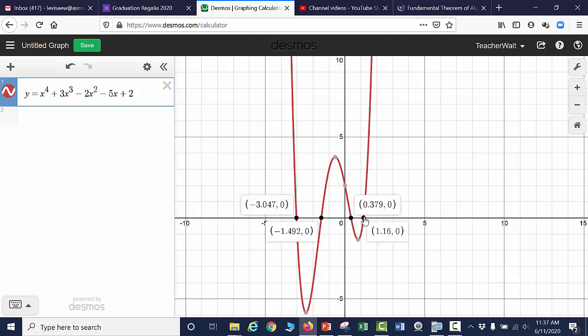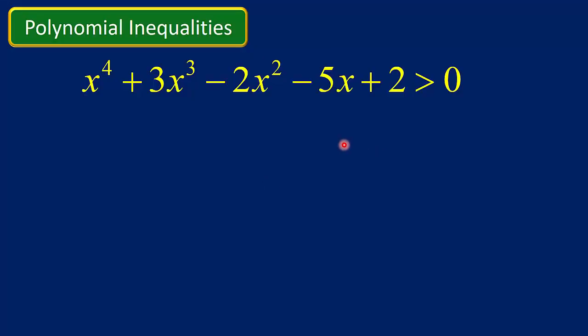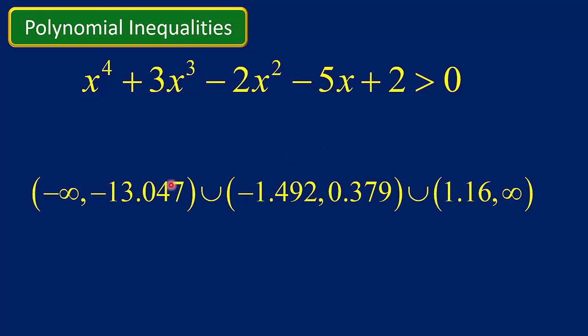And then finally over here, from 1.16 to infinity, the graph is forevermore above the axis. So here's what we've got. We've got our solution region right here. See? That's it. This is what we talked about. I just brought it over here and written it here.